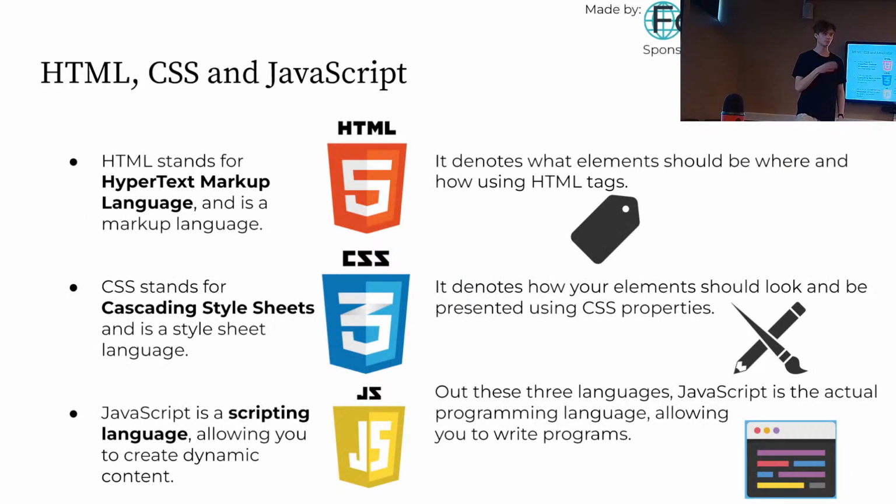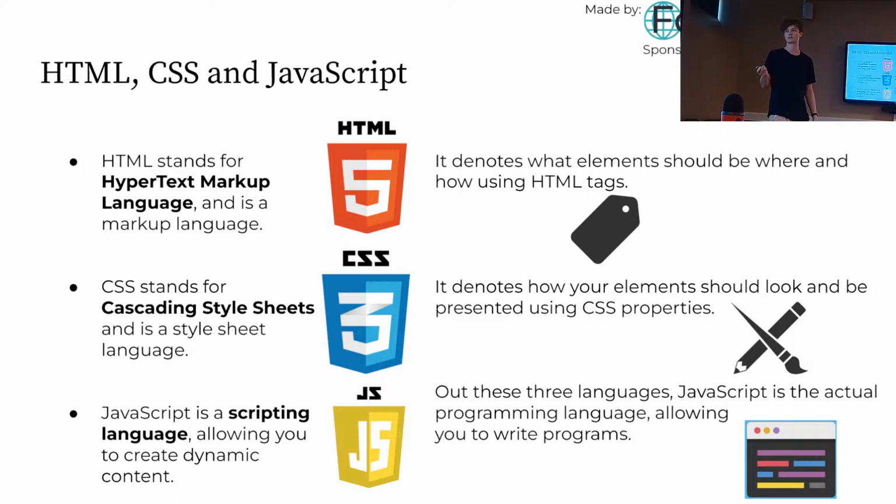And so most websites are made out of three. You wouldn't really call them all programming languages, but don't worry about that. We've got HTML, which stands for Hypertext Markup Language. It basically tells the website what elements there are, what pictures, and all that stuff.